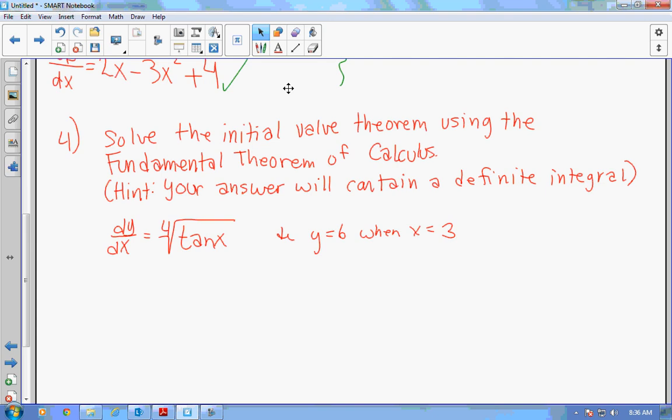Remember, there are two parts to the fundamental theorem of calculus. We learn part 2 first, and then a few lessons ago, we learned part 1.